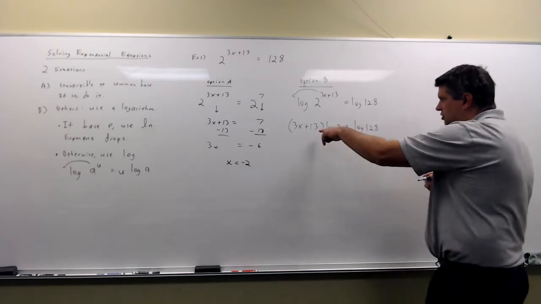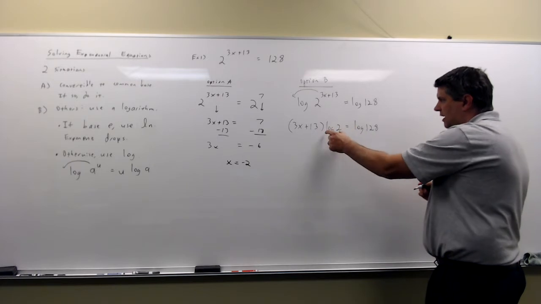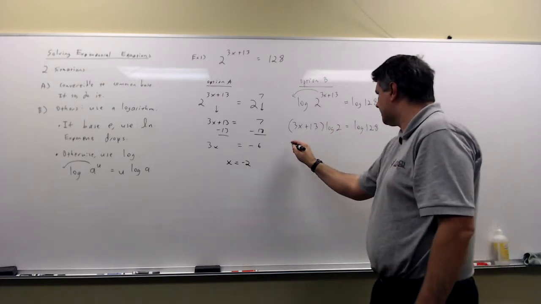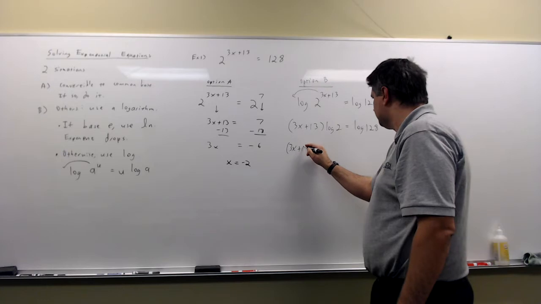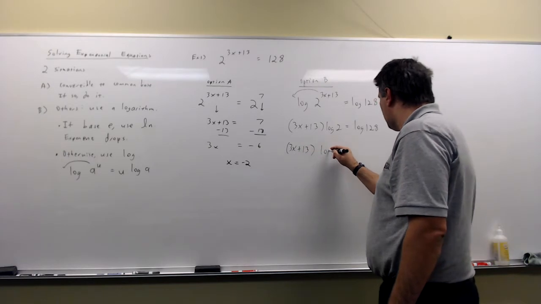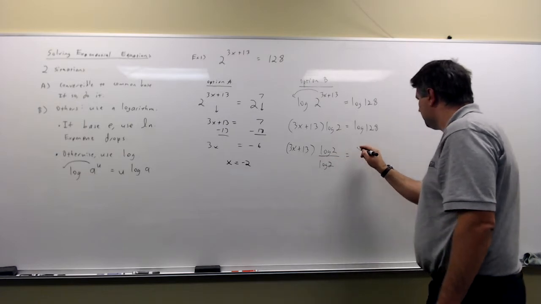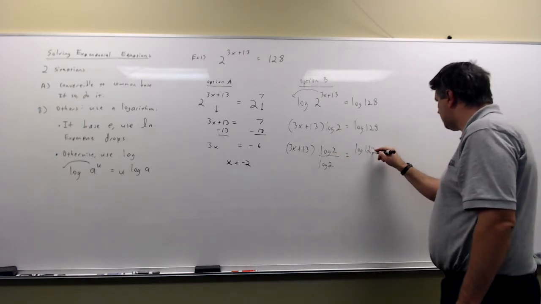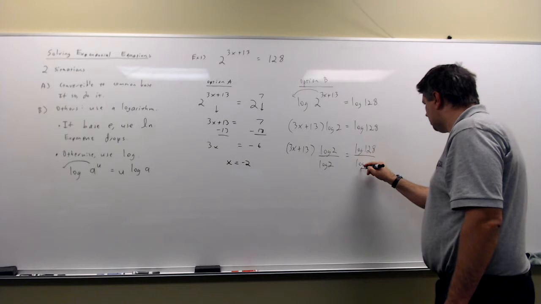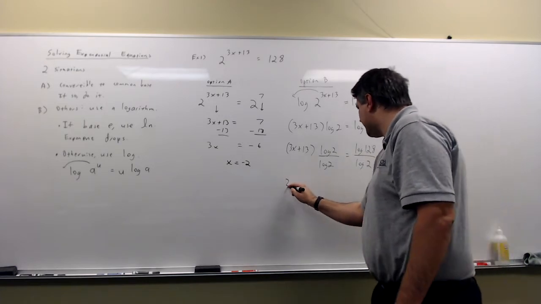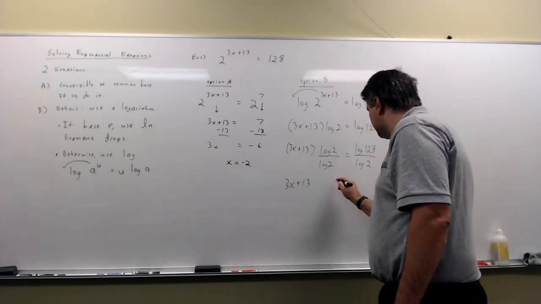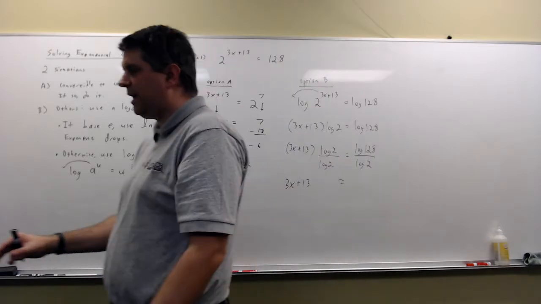Okay, we're not going to distribute the log through. Instead, we're going to divide off the log on the left side. So log 128 over log 2, so I end up with 3x plus 13. Get my calculator out.